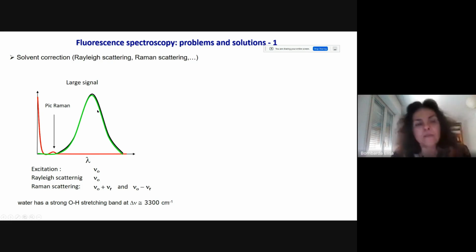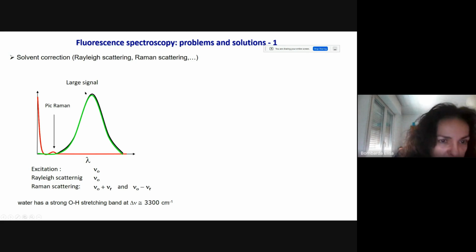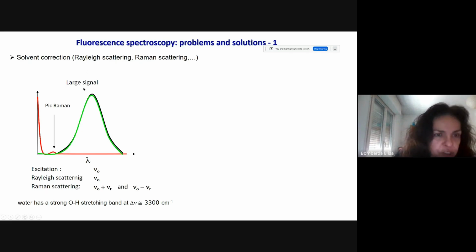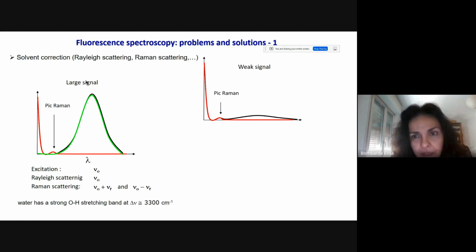Here it seems that it didn't change much, but when you have a large signal, it's a detail. When you have a weak signal, the story is quite different, because the Raman peak can be comparable to your signal.